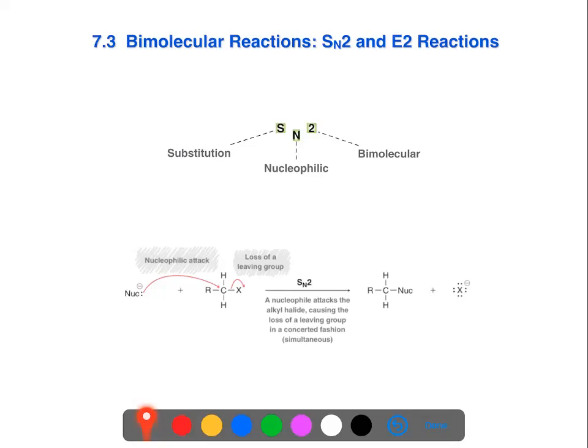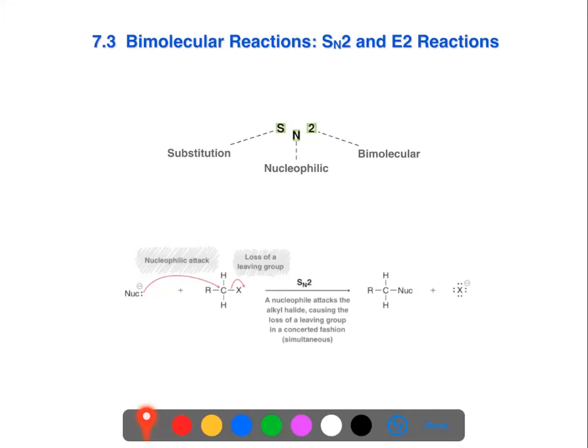Now, substitution, as we've talked about previously, is a net change from the reactant to product state, and that net change is the substitution of this atom X for the incoming nucleophile. Nucleophilic implies that there's a nucleophile involved in this particular mechanism, and bimolecular means two molecules.